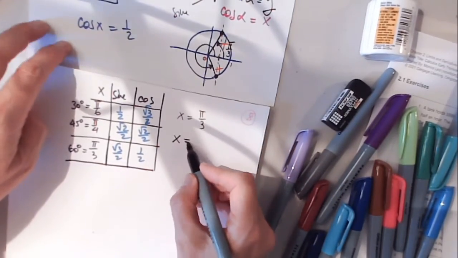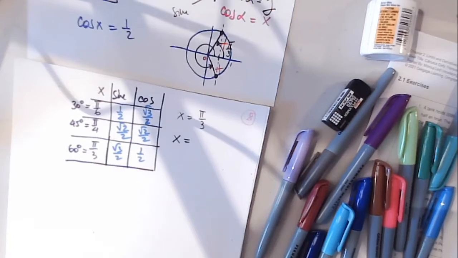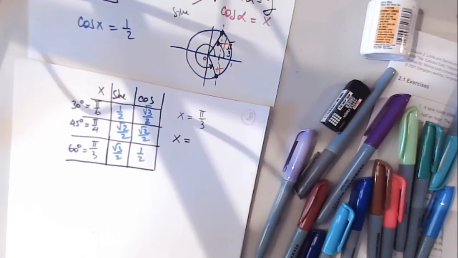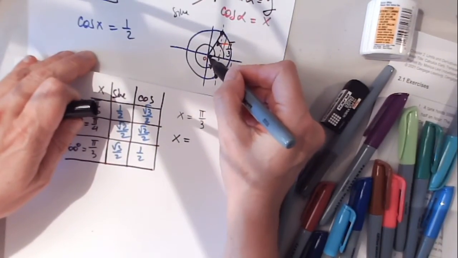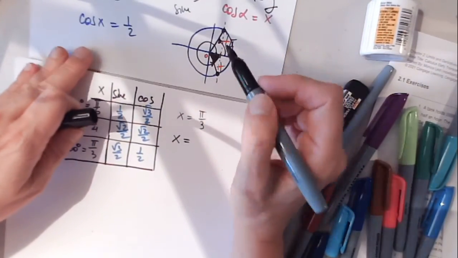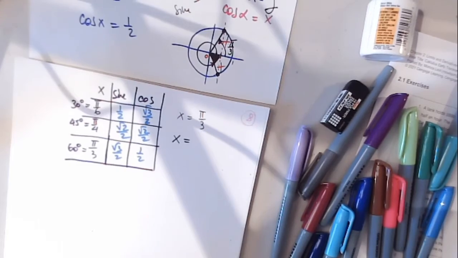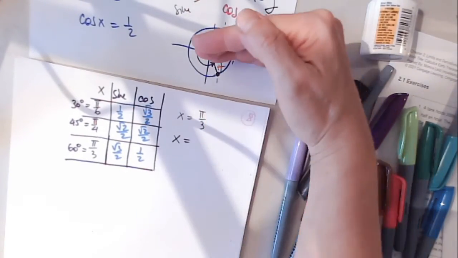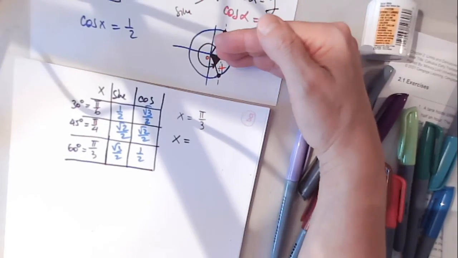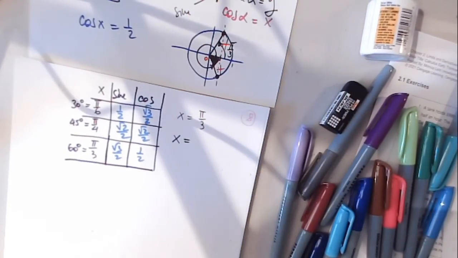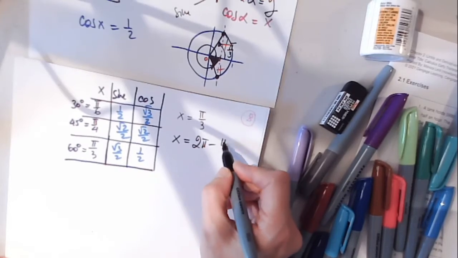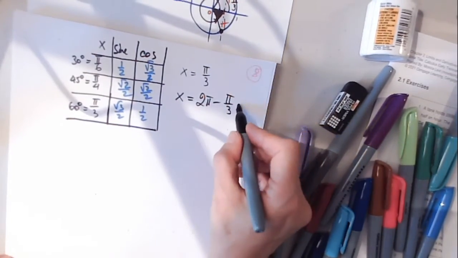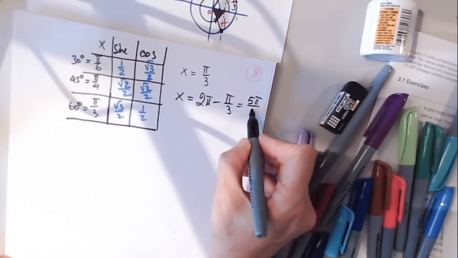Let's see how we get the other angle. The best way is 2 pi minus pi over 3. I know that this angle has to be pi over 3 as well, but I'm not interested in that angle. I'm interested in this angle. So from 360, or 2 pi, I subtract pi over 3. 3 times 2 is 6 minus 1, 5 pi over 3.